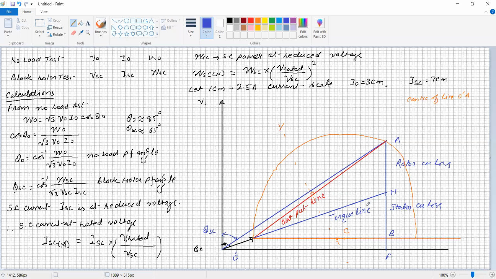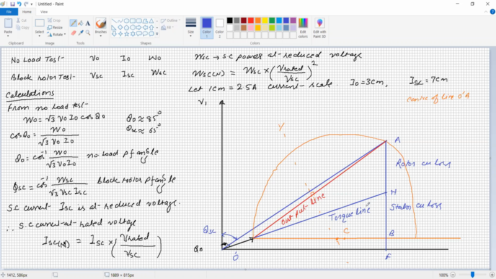Now, for further action, there are two methods. If in the numerical the full load current is given, we can locate the point P, that is the operating point P, or if the output power of the motor is given, then we can locate the point P in a different way, isn't it?